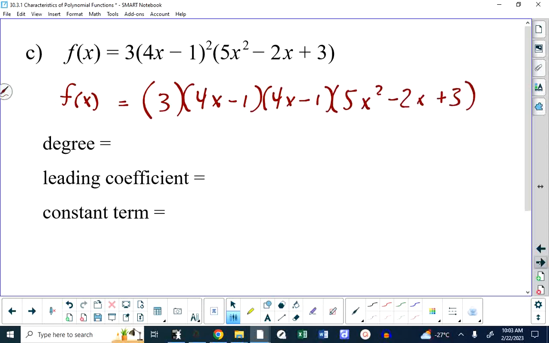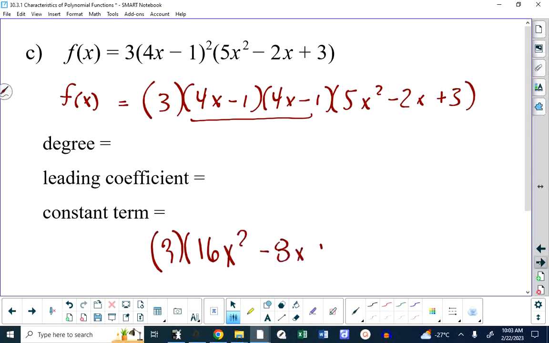I don't think we want to multiply that all out. If you did, think about what this would involve. You would multiply maybe this out, and I'm not going to do all of this, but I'll do the first step, to get 3 times 16x squared minus 8x plus 1.